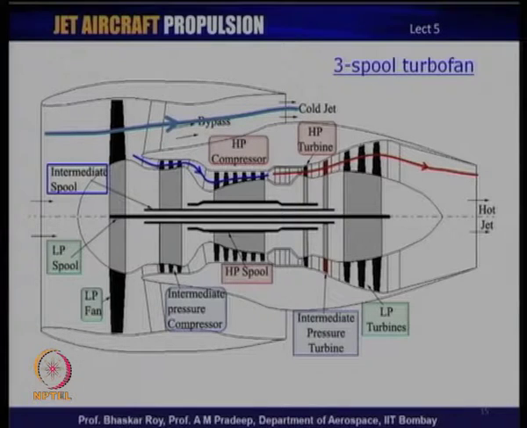The more modern version of turbofan engine is the 3 spool turbofan engine, which is not very popular as yet, but it is already being used by some of the engine manufacturers, such as the Rolls-Royce company, and they have been making 3 spool turbofan engines. There is a certain mechanical complexity here, because as you can see, there are 3 concentric shafts.